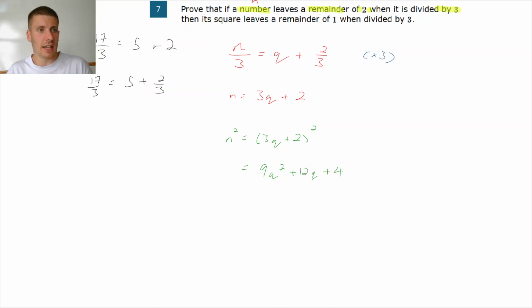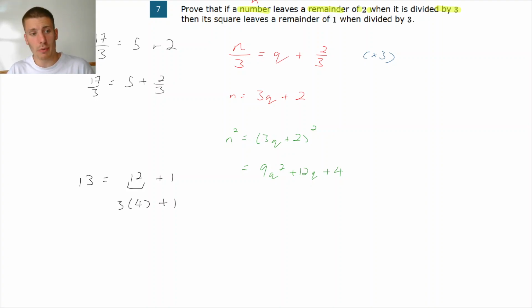For example, if I had a number like 13, 13 isn't divisible by 3, but there is a remainder of 1 if I divide by 3, because we get 3, 6, 9, 12 plus a remainder of 1. But 13 you can write as 12 plus 1, which is useful because then you can factorize out a 3 from that 12 and get 3 bracket 4, and you've got that plus 1 on the end.